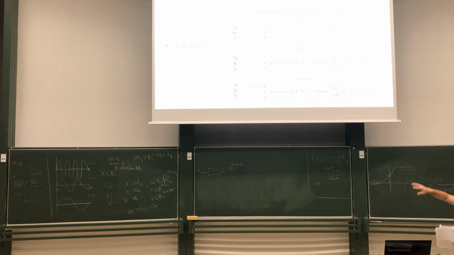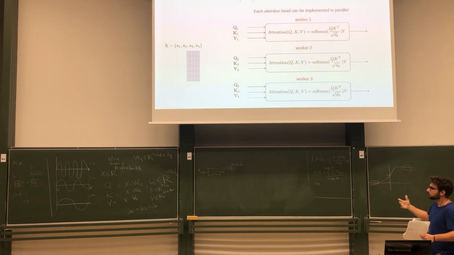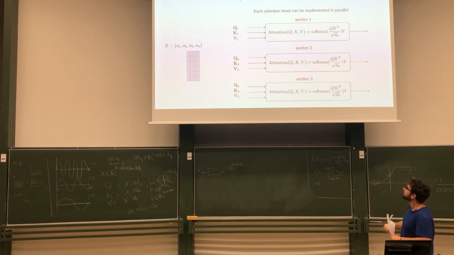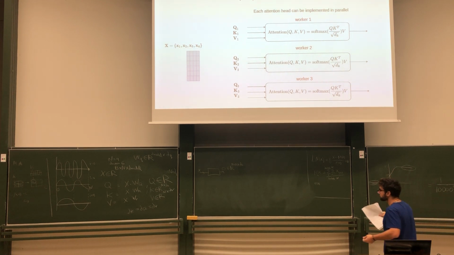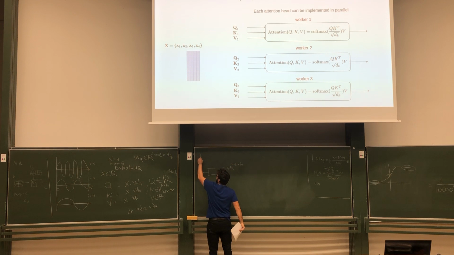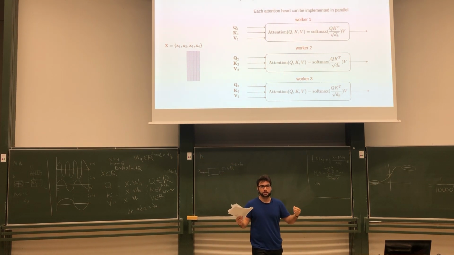And this operation is completely parallelizable. So this is the second parallelizable component. We have multiple heads, and we define h equal to 8, an integer referring to the number of heads.